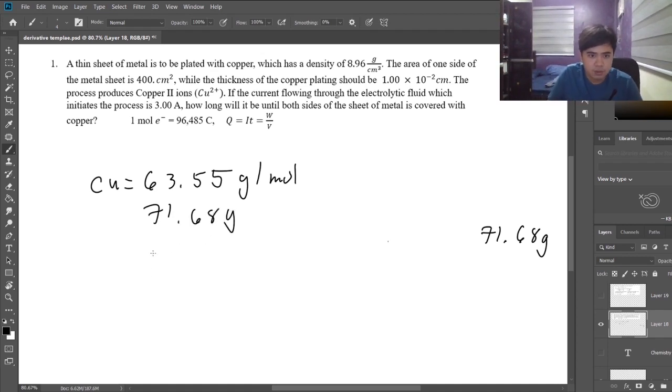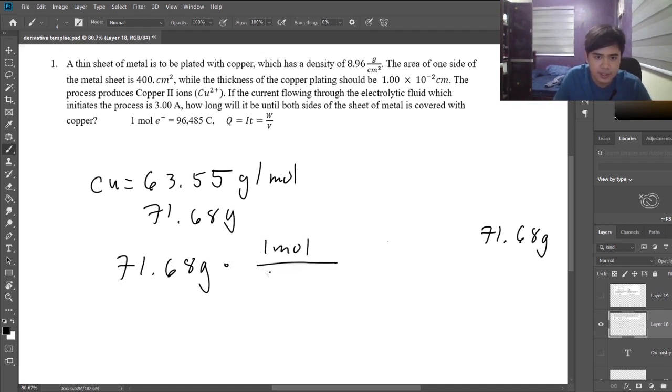Well, first we set up the mass of the copper we have. We multiply this by 1 mole over 63.55 grams. The grams cancel out, leaving us with moles, and 71.68 divided by 63.55 results in 1.128 mole.